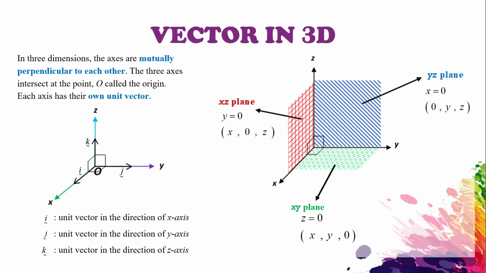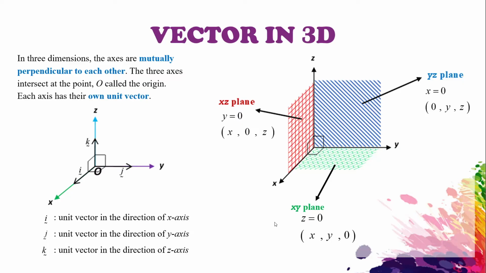And if a point lies on the yz plane, the x-coordinate of the point is 0. Therefore, the coordinate of the point is (0, y, z). And it will be the same pattern if a point lies on the xy plane, where the z coordinate is 0, then the coordinate of the point is (x, y, 0).